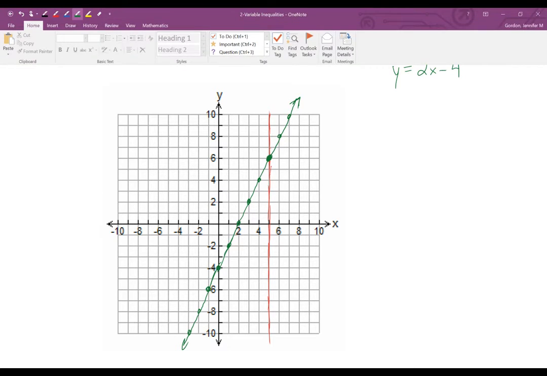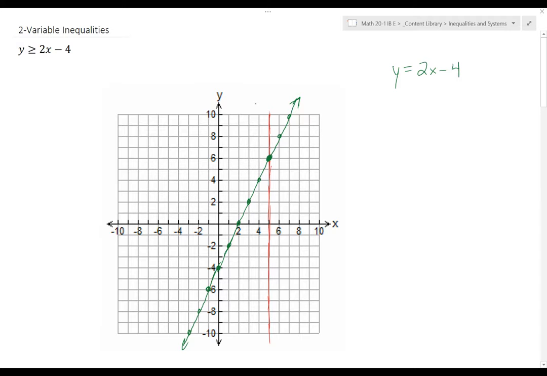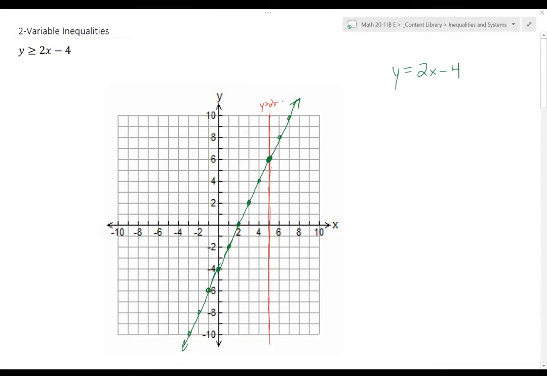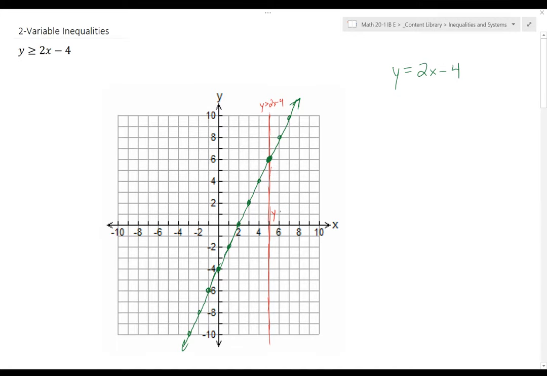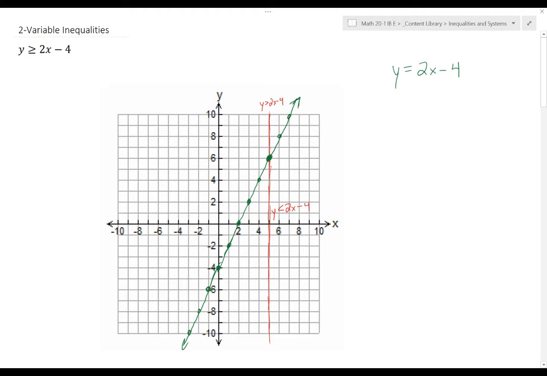Everything above that line is where y is greater than 2x minus 4. And everything below that line, or that point, the green line that I've drawn, is where y is less than 2x minus 4. That's why I'm looking vertically here, because I'm considering where is y bigger, where is y smaller than the y value on the line.